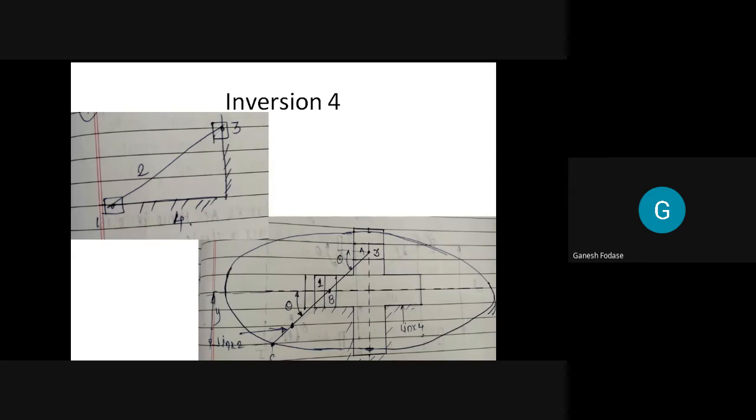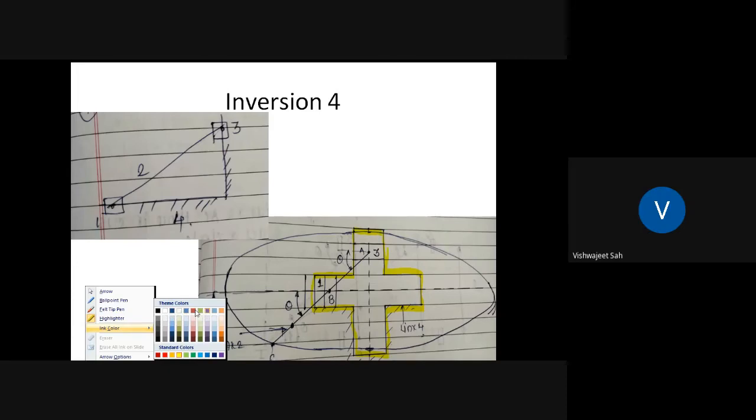Just focus here on what I'm showing you. Let's consider this part. I'm highlighting some part. Is it visible? Yes, sir. So this is your link 4, which is just the frame or fixed link. Now which kind of pair does 4 form with 3? Sliding.